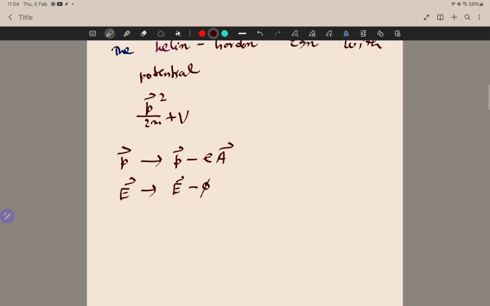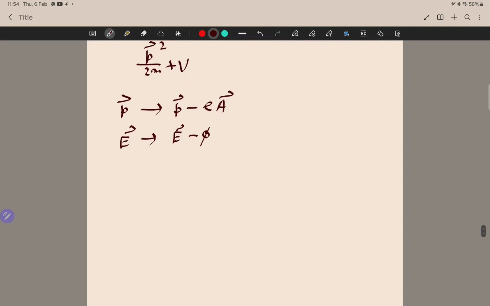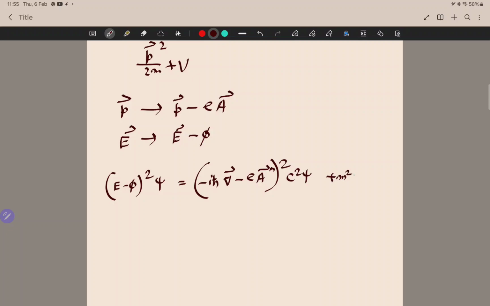Then, where A and φ are the electromagnetic potential, we can obtain (E minus φ) whole square ψ equal to minus ħ² c² (∇ minus eA vector) whole square ψ plus m² c⁴ ψ.